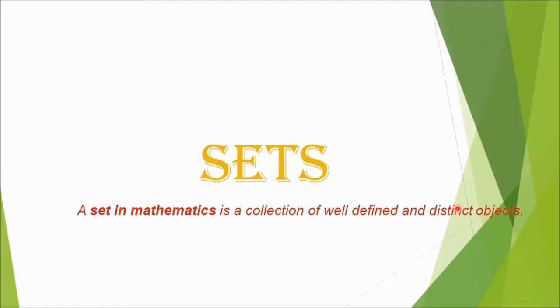You can form a set of students who scored GPA above 3.2, isn't it? That is well defined. 3.2 to 4, that is well defined. So what is well defined and what is not well defined, you have to understand that. Well defined means the criteria is set correctly.